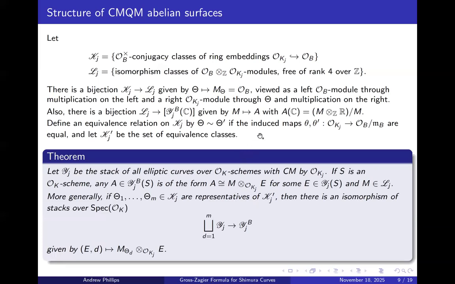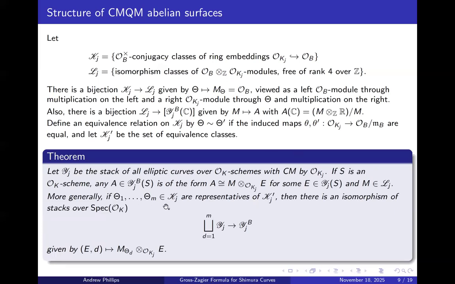M is locally free of rank 2 over OK, and E is an elliptic curve, so it has relative dimension 1. So the product has relative dimension 2 over the base scheme. And that's very useful, because I can use this to bring arguments from elliptic curves up to the level of these abelian surfaces.